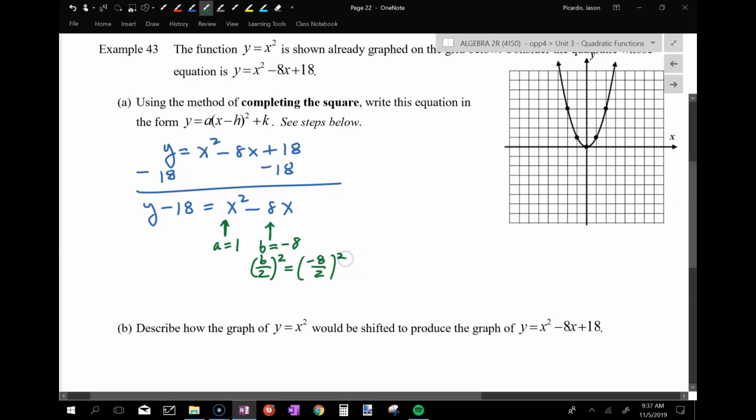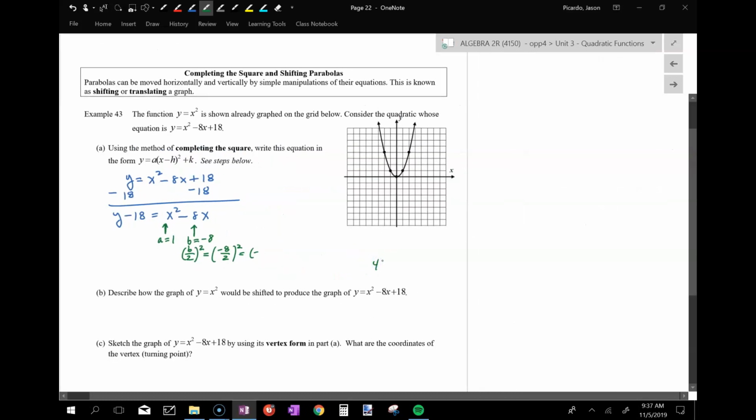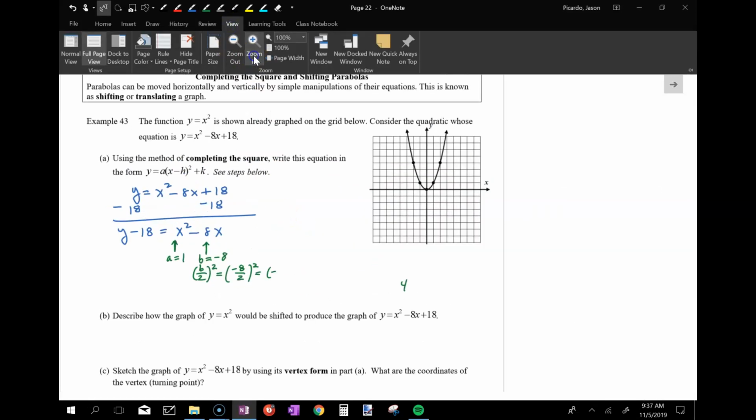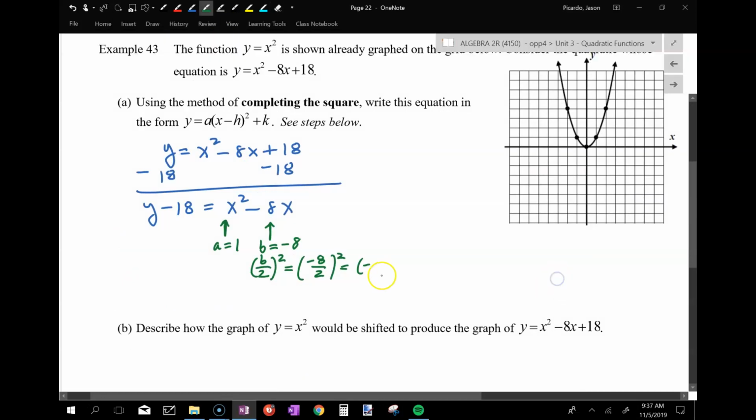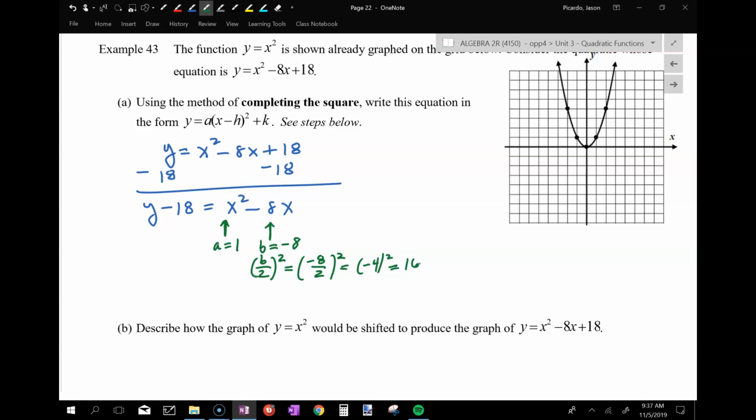So the b term was -8. Half of -8 is -4. And what is -4 squared? +16.